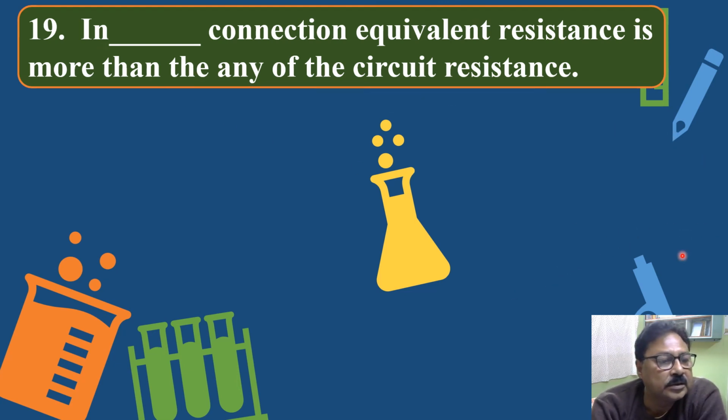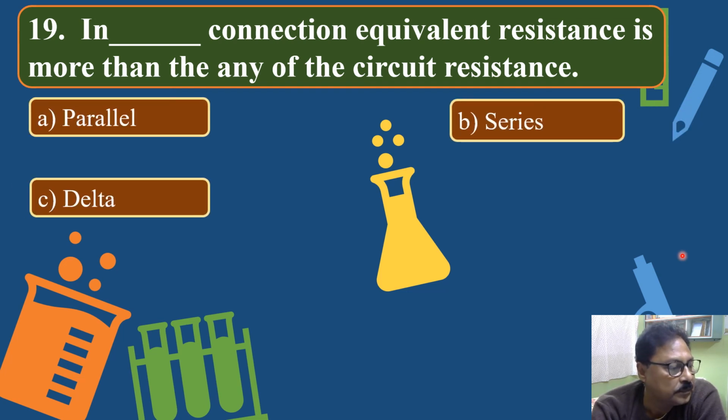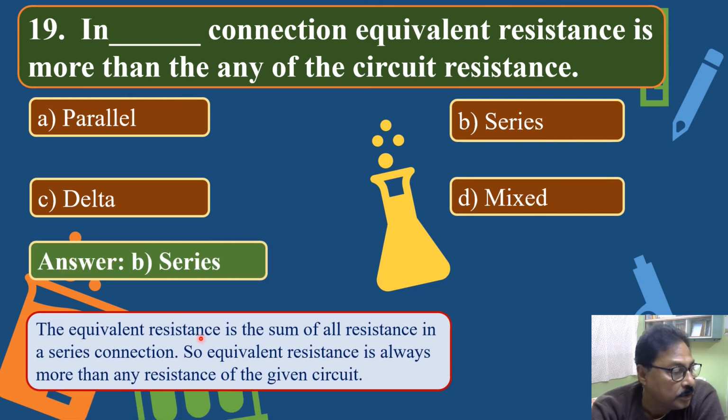In series connection, the equivalent resistance is the sum of all resistance. So equivalent resistance is always more than any resistance of the given circuit.